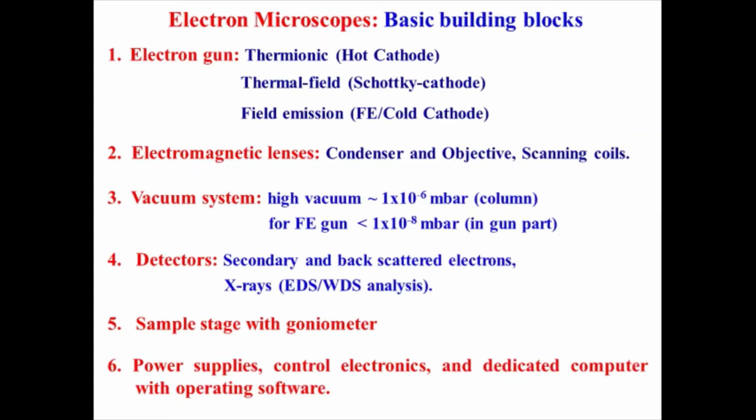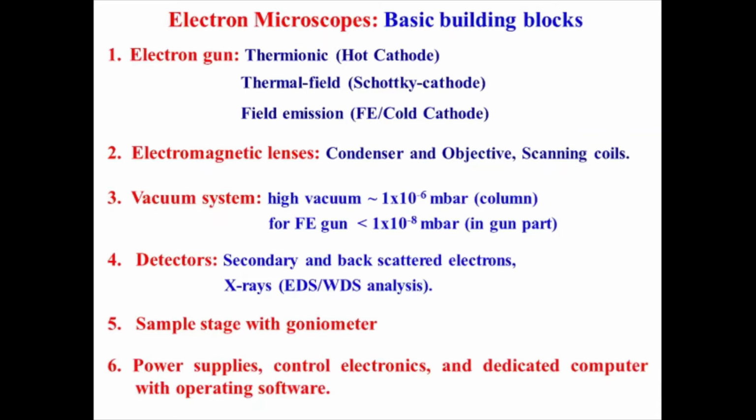So a vacuum system is essential. A number of vacuum pumps are attached to the microscope to maintain the low pressure condition. Depending on the type of electron gun, whether it is a simple thermionic gun or a field emission gun, the order of vacuum requirement is different.